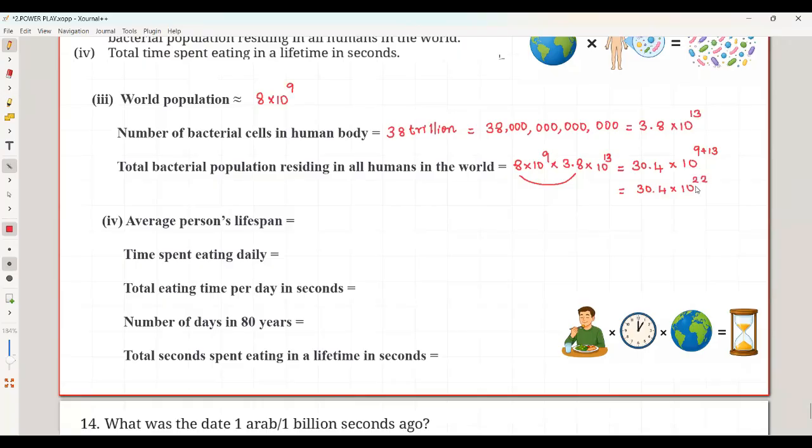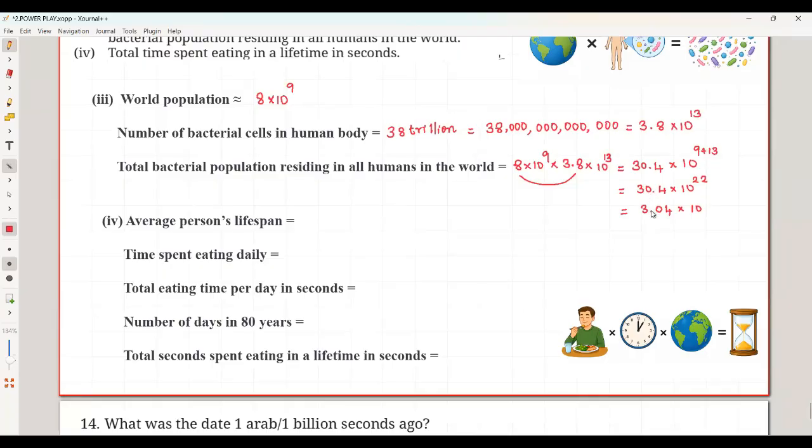Now actually this is not standard form, correct? Only 3 point something is standard form. So we have to again convert into standard form. How will you write? 3.04 into 10 to the power. If you are writing in standard form, the decimal point is coming here.